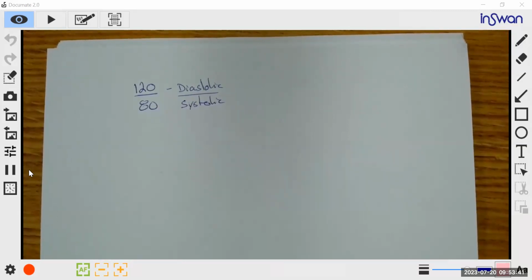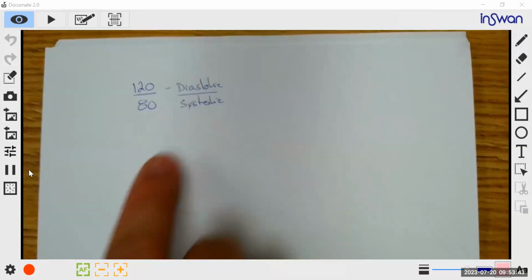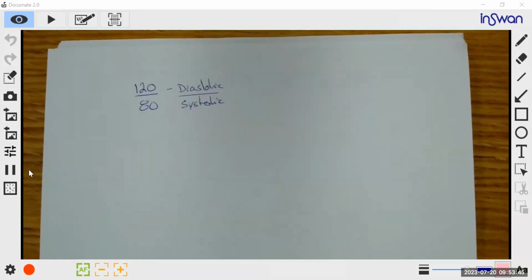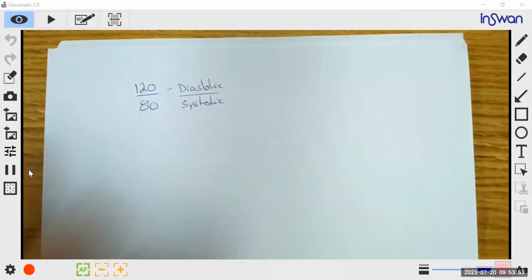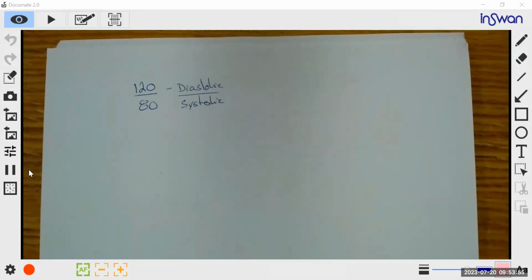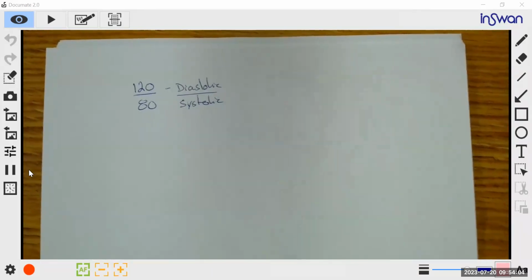All the blood's flowing normal now. That's the systolic. So it tells you how thick are your arteries and how good is your blood flow. The better all this stuff is, that's the reason it opens at 120 millimeters of mercury or something like that. So that's what that's looking at.